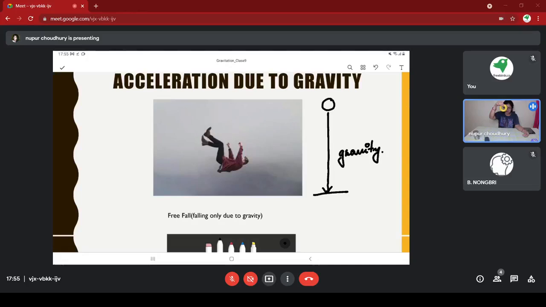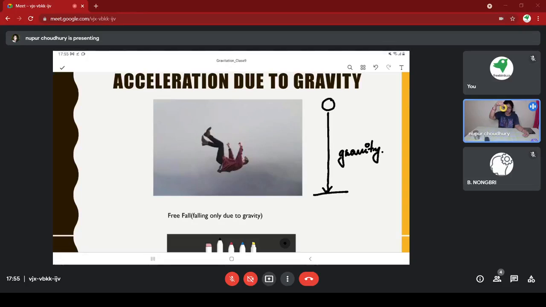Now, the interesting part about this is that if a ball is dropped and the velocity is changing at different positions, that means the acceleration will also change. Now, this acceleration will be because of gravity, and we call this acceleration due to gravity.